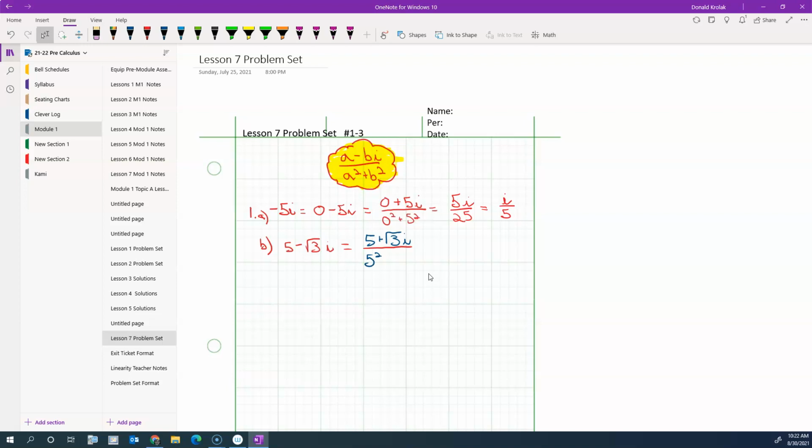Yep, 5 squared plus root 3 squared. So I get i over 28.